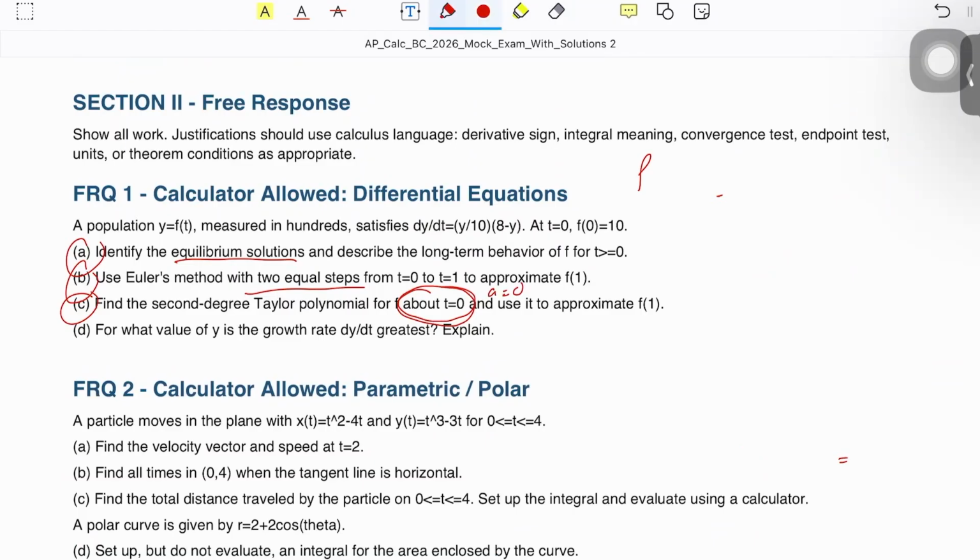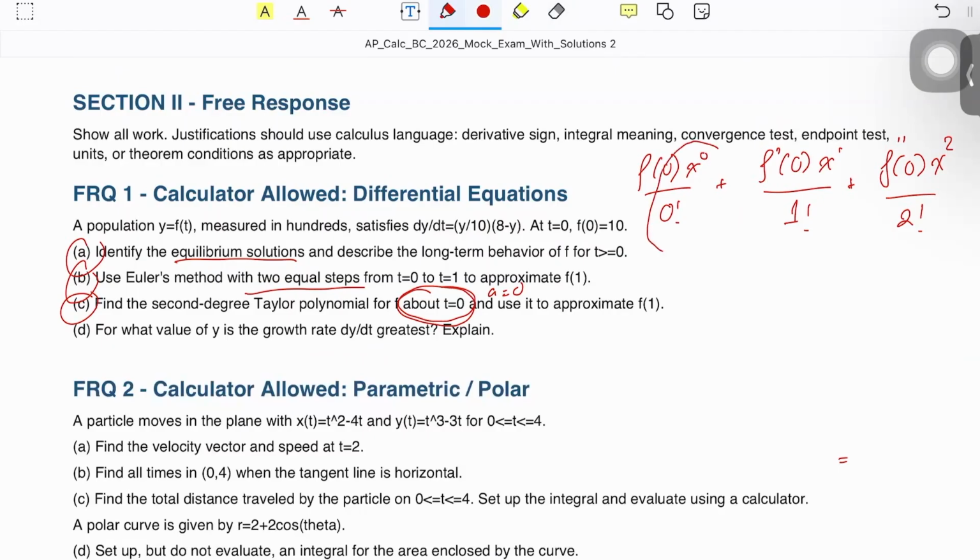So f of 0, x to the power 0 over 0 factorial, plus f prime of 0, x to the power 1 over 1 factorial, plus f double prime of 0, x squared over 2 factorial. That's second degree.